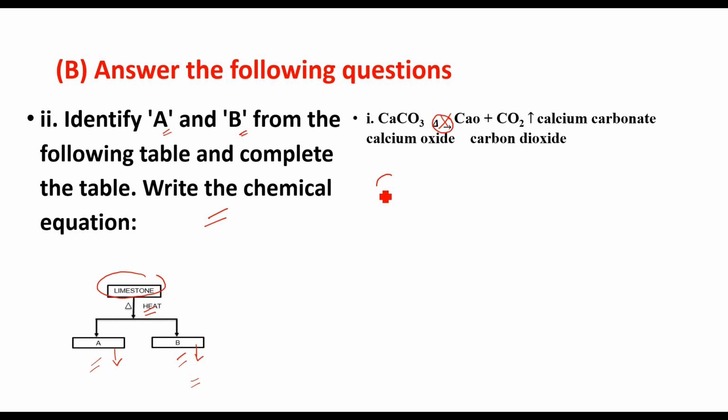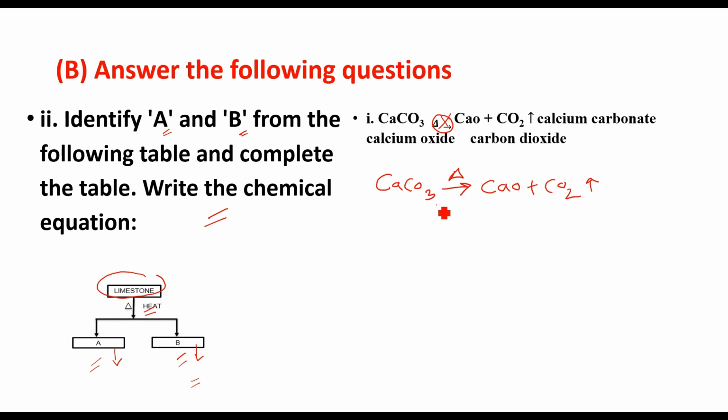See, calcium oxide, you will write CaCO3, followed by an arrow, then heat you are providing, so a triangle, and CaO plus CO2. While writing any chemical reaction, please remember that it should be chemically balanced.